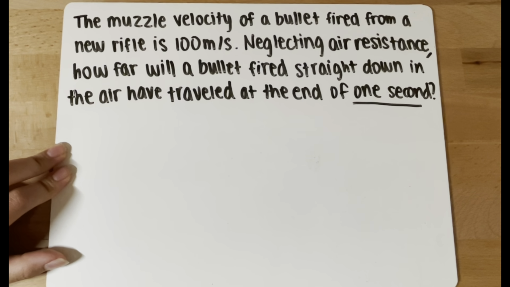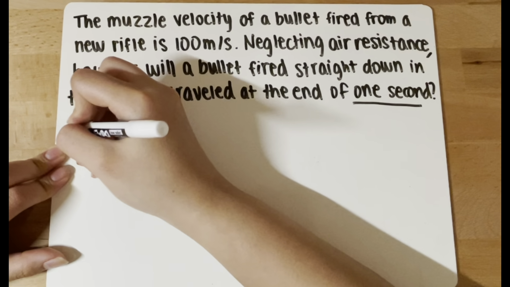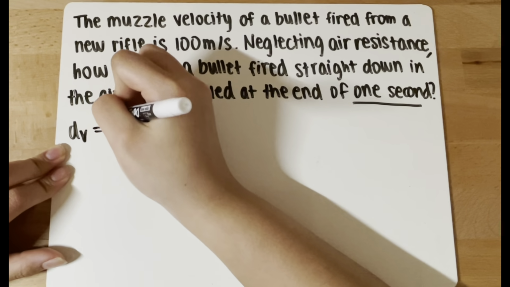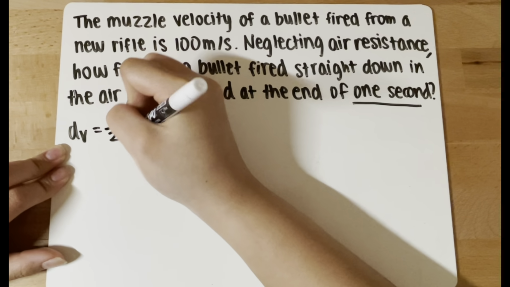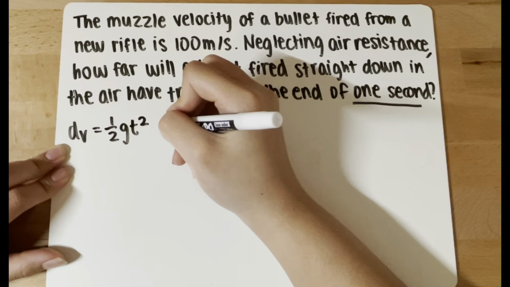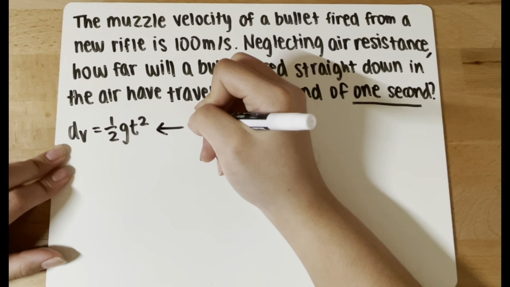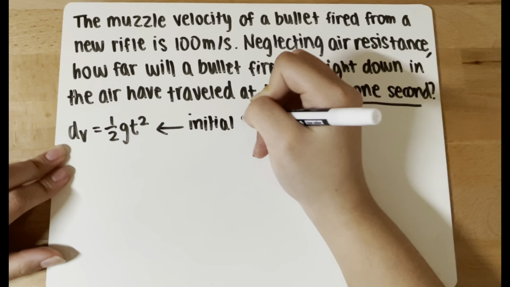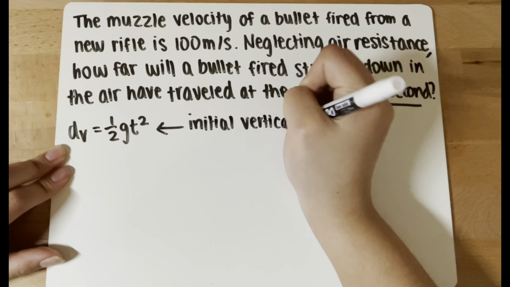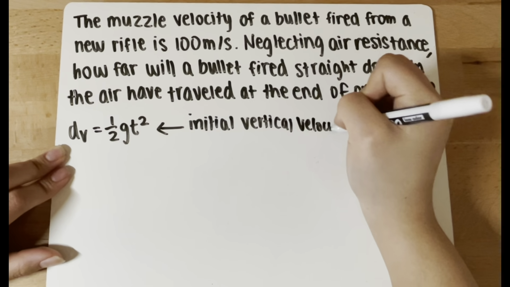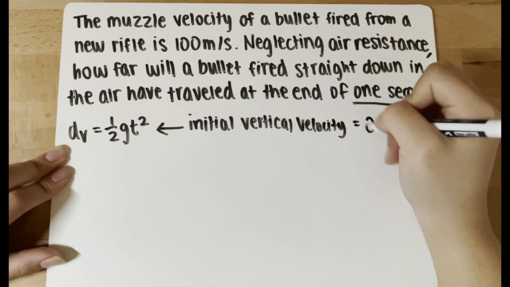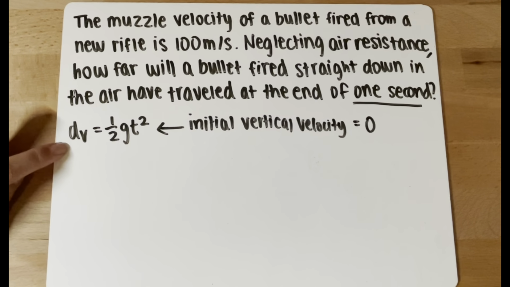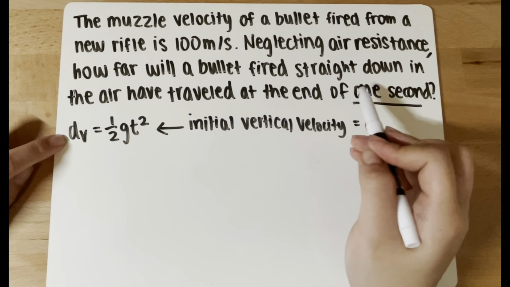The formula that we will need for this problem is dv equals 1/2 g times t squared, given that the initial vertical velocity is 0. dv just means vertical distance, and the reason why we want to find the vertical distance is because the bullet is being fired straight down.